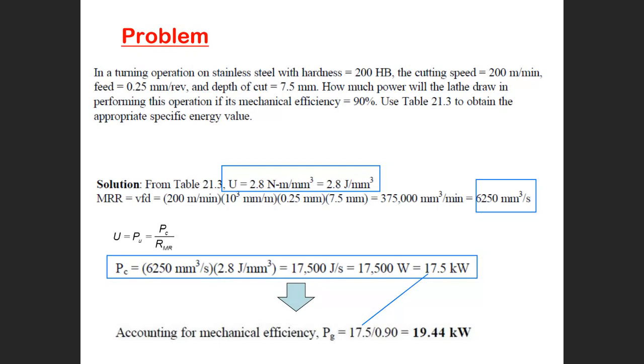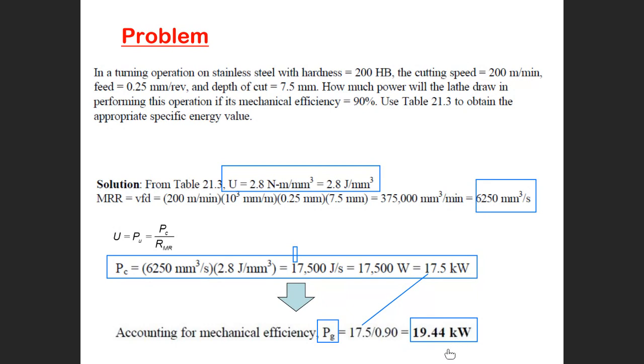The machine power equals the cutting power divided by the machine efficiency, which is 19.44 kilowatt. If the machine efficiency were 100%, then the output power would be 19.44.